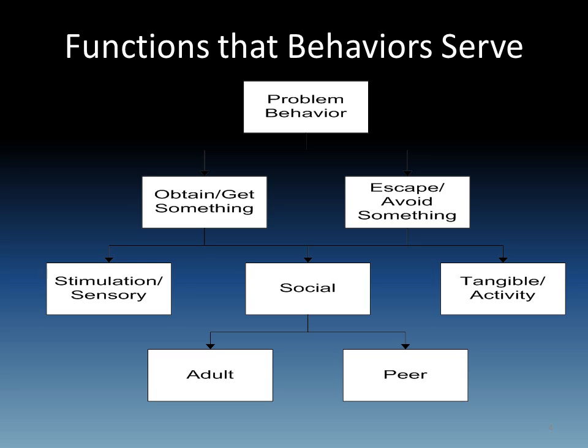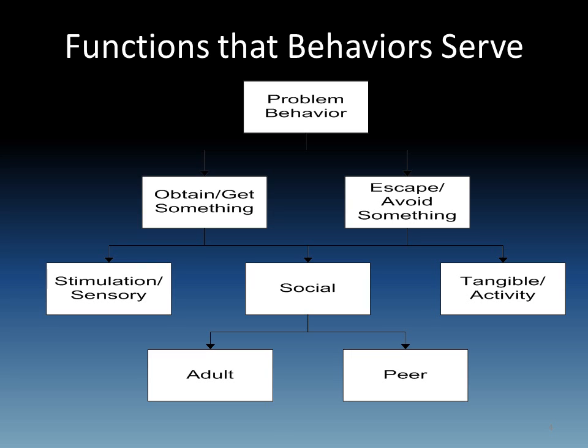So here are some common functions that behaviors serve, and these are things that happen after the behavior that might maintain, punish, or reinforce behavior. We're looking up top at the problem behavior, and most behaviors are to either obtain or get something, or escape or avoid something.